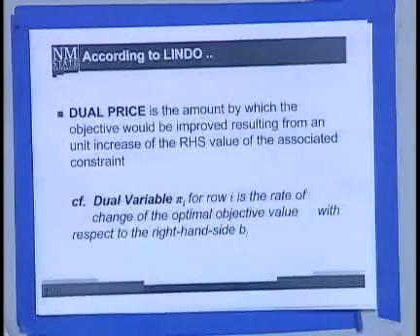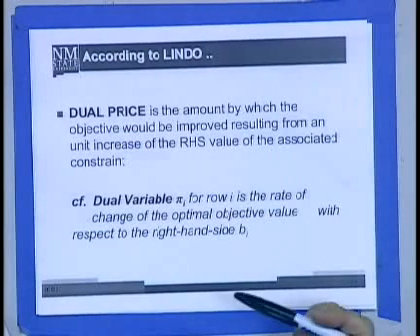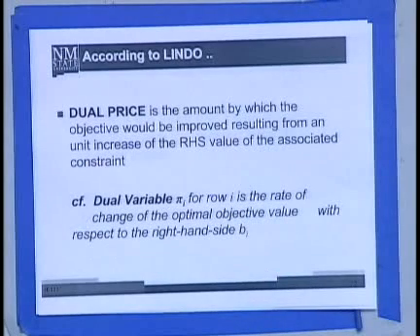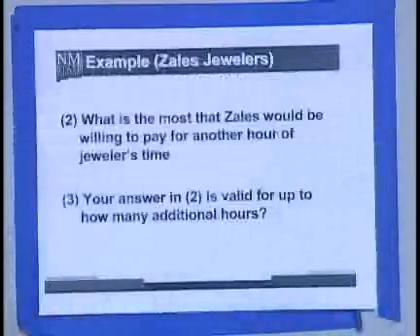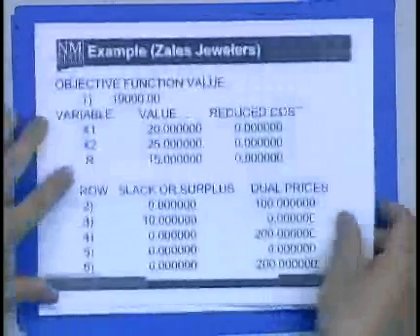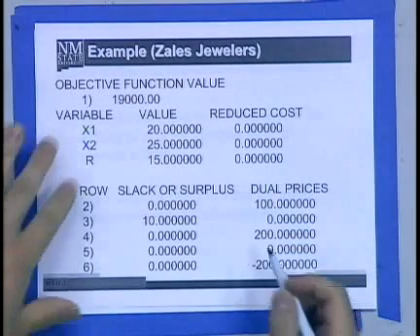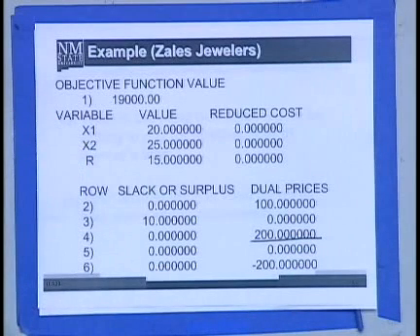Again, dual price is the amount by which the objective would be improved, given a unit of increase on the right-hand side of the constraint. And the dual price reported by Lindo for row number 4 is 200, right?